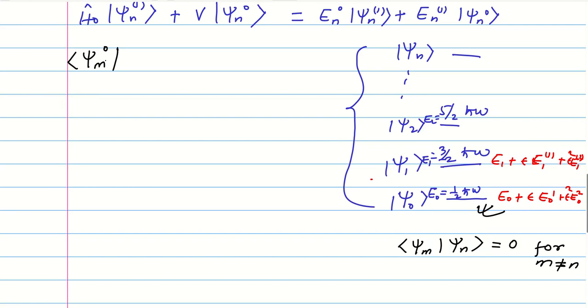So when you multiply with this bra, what you will get, on the right side you get, this is the eigenvalue, it will come out.